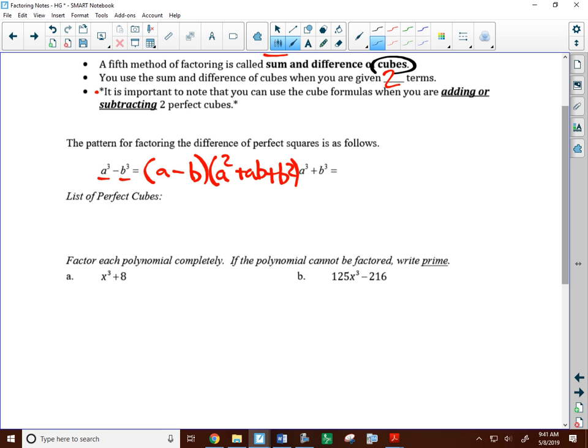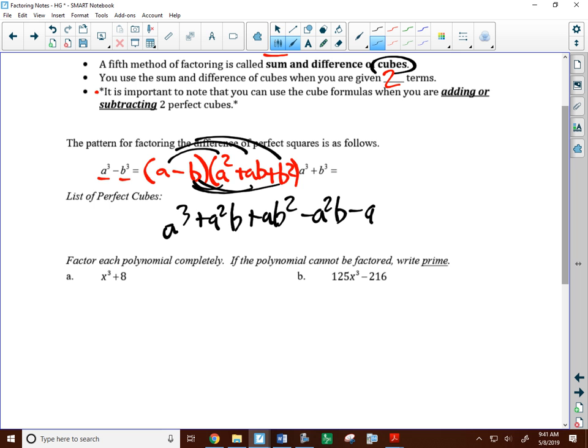Again, guys, if you actually had to do this, you'd have to distribute A to all three of these. I'll do it very quickly. Then you'd have to distribute negative B to all three of these. Negative A squared B minus AB squared minus B cubed.